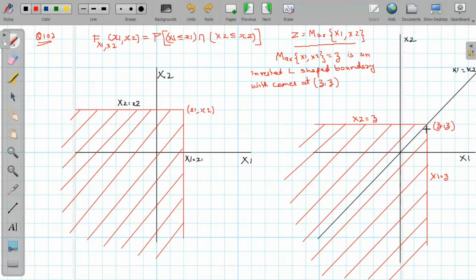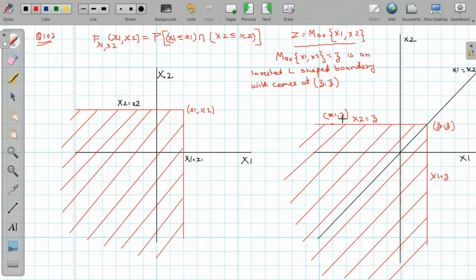So you can observe here that if you take any point on this inverted L-shaped boundary, for that point maximum x1 comma x2 will be equal to small z. For example, if you take a point here, you can write this point as x1 comma x2, and on this section x2 is small z.